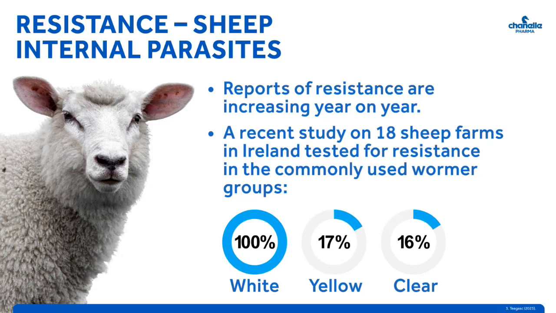The yellow class, levamisole, 17% of the parasitic population was resistant, and for the clear wormers, 16%. The 16 and 17% are obviously considerably lower than the 100% for benzimidazole wormers. However, these percentages are concerning and on the increase.